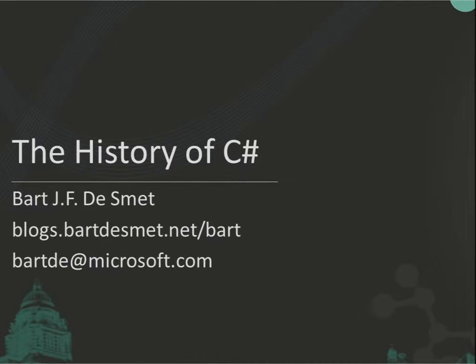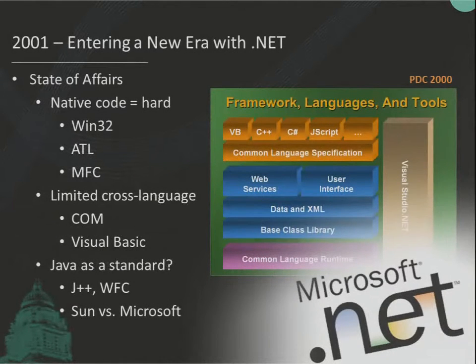So let's go all the way back, first of all, to 2001, when we released the .NET Framework 1.0, and sketch what the problems were that we were faced with and why we chose to create a new language runtime. The state of affairs was that, for the programming story of applications on Windows, you didn't have that much choice other than using either Visual Basic or native code.